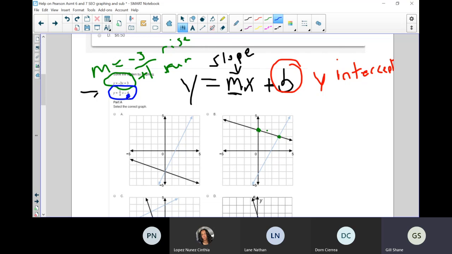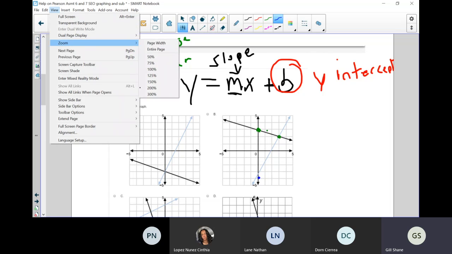Well, if I go down from 0, so 0 is right in the middle, -1, -2, -3, -4 is down here. Well, that line is not exactly going through -4. It's close, but it's not going right through it. If I zoom in, you can see it a little bit easier. So I'll zoom in.